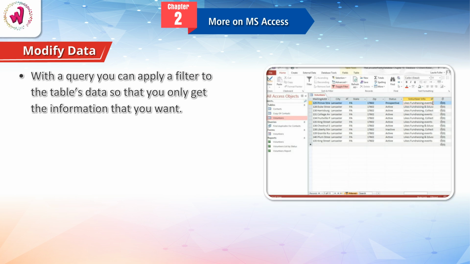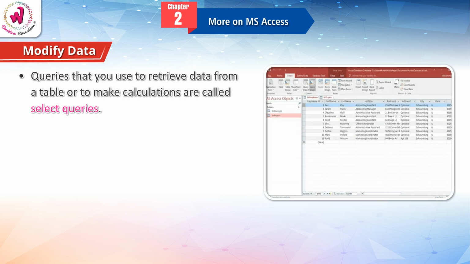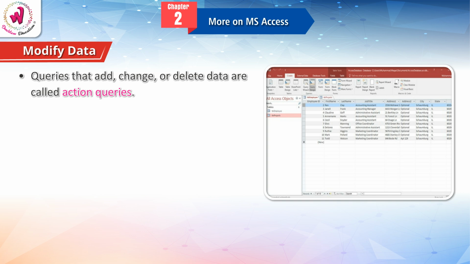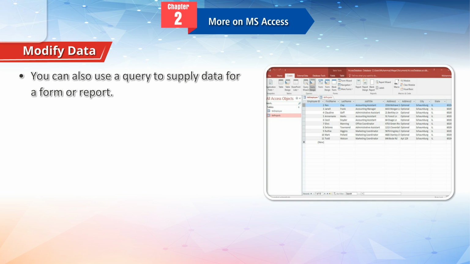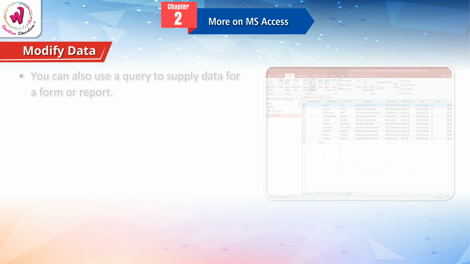With a query, you can apply a filter to the table's data so that you only get the information that you want. Queries that you use to retrieve data from a table or to make calculations are called select queries. Queries that add, change, or delete data are called action queries. You can also use a query to supply data for a form or report.